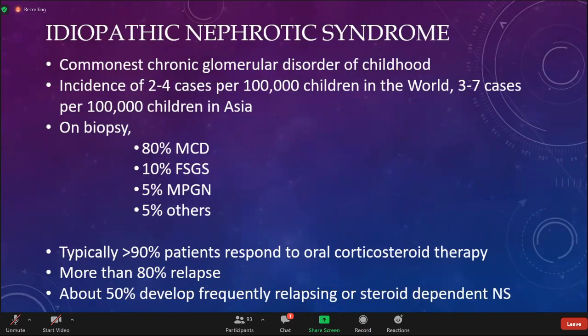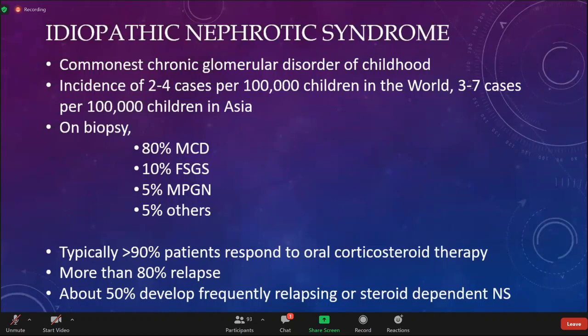And there's another classification that is called clinical classification of nephrotic syndrome, depending on the steroid sensitivity. There you divide nephrotic syndrome into steroid-sensitive nephrotic syndrome and steroid-resistant nephrotic syndrome. Right?